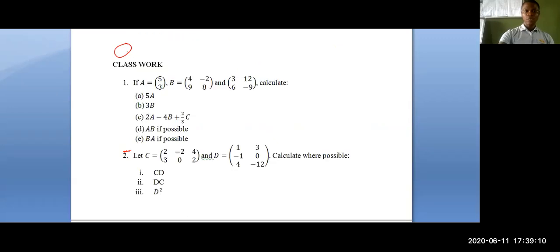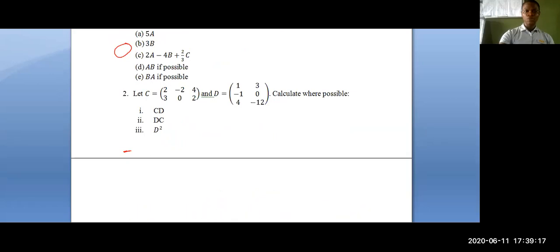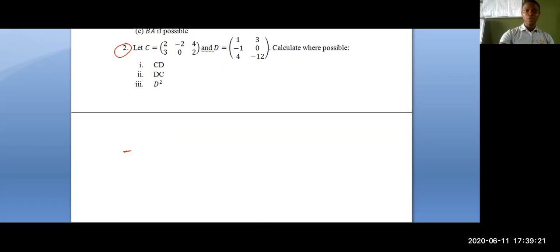So I'm looking at question 2 now, okay? I'm looking at question 2 to see what is there. All right, so that's question 2. Okay, so I'm asked to calculate where possible those matrices that are there. All right, so solution. Let me just divide my board once again, as I normally do.